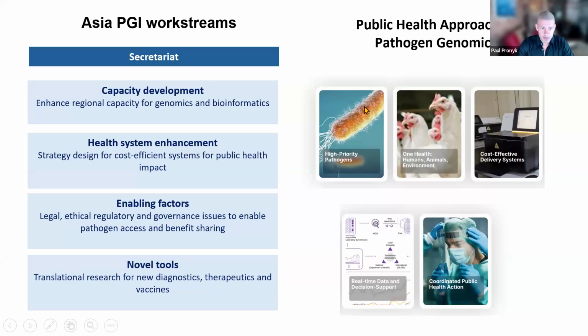Within the context of Asia PGI, the way we think about how we, as almost a meta institution, can support early detection and surveillance, there are basically 4 different work streams that have emerged. The first is capacity development for early detection.